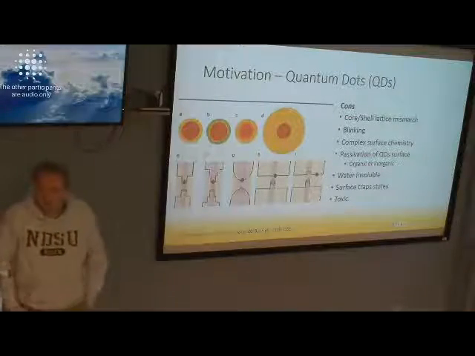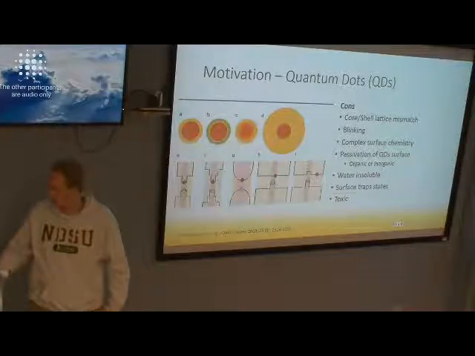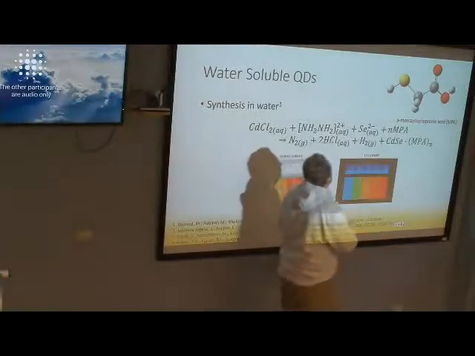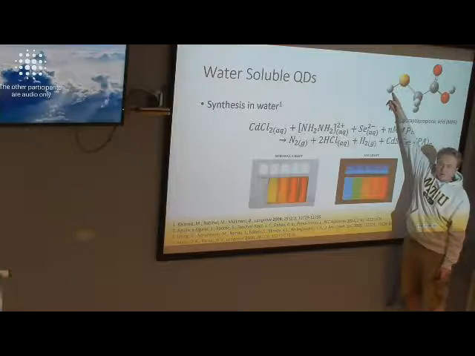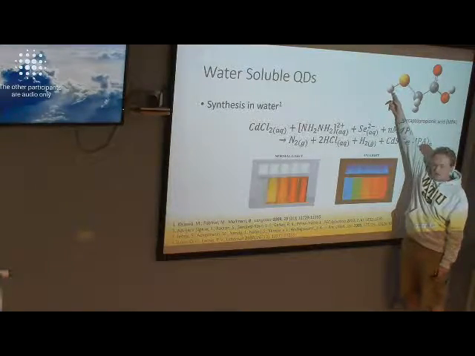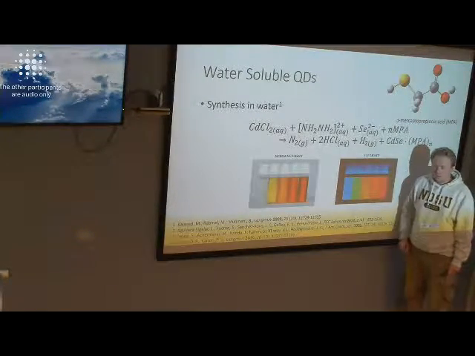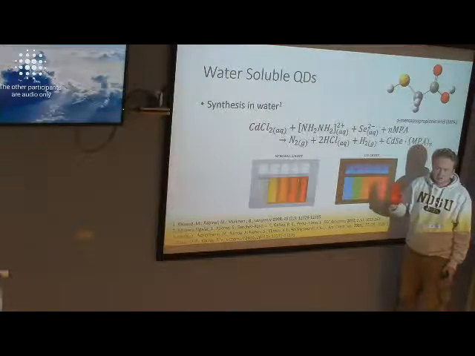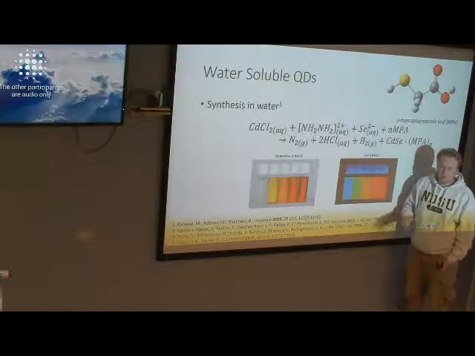For our case, we have a thiol here, and you could do a proton NMR and figure out where this peak is, and most likely if you go to a quantum dot, that peak would disappear, because it's so close to the quantum dot that the signal decays so rapidly that you don't get any signal.